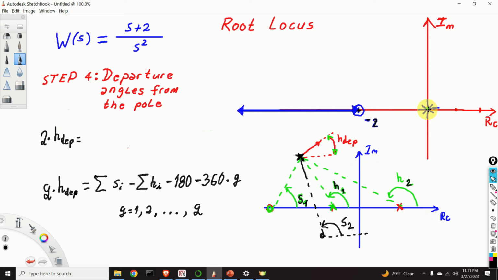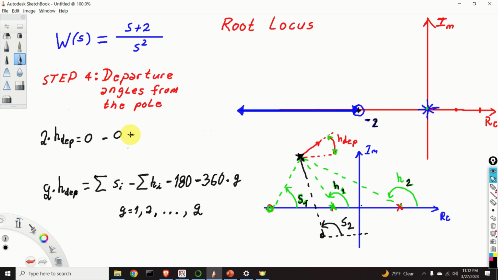Here's the line connecting our two poles to this 0. And consequently, this angle, S1, is 0. That is, the case that we are considering is the pole located over here, and consequently, S1 is 0. So we have 0. Let's proceed further. We don't have, for example, a pole over here, or pole over here, or pole over here. That's correct. We don't have them, and consequently, this sum here will be 0.